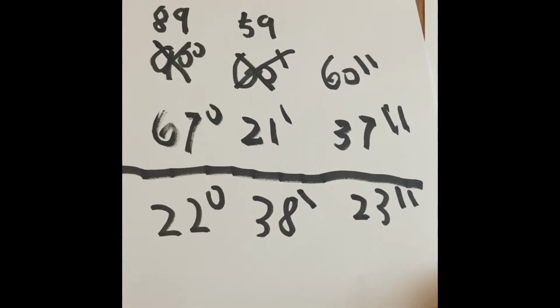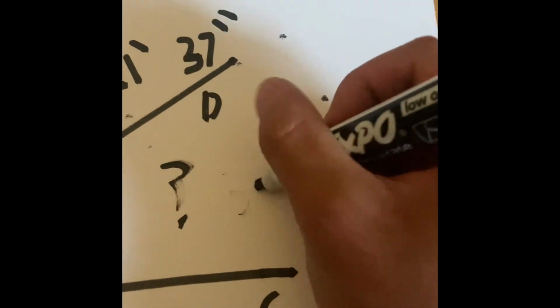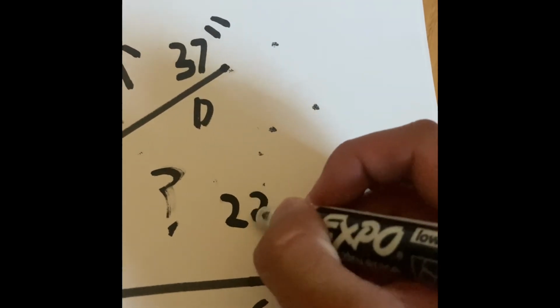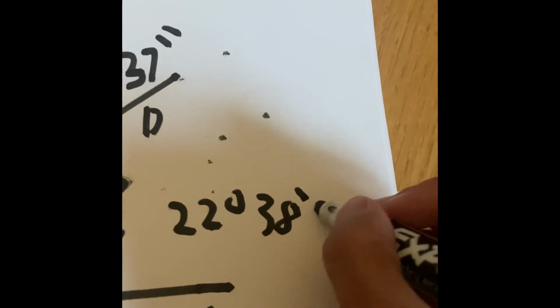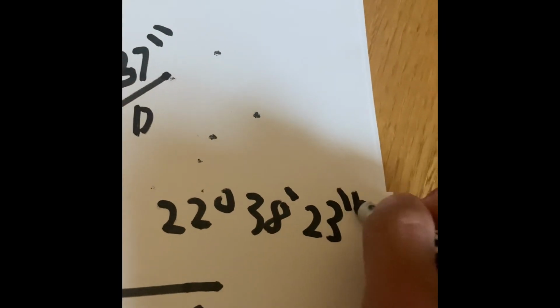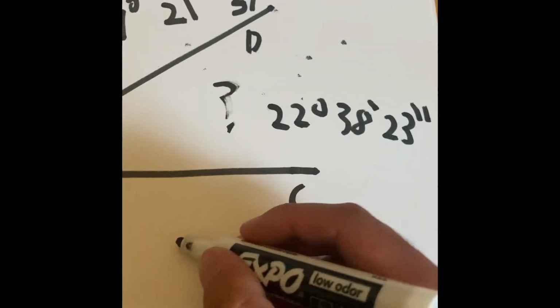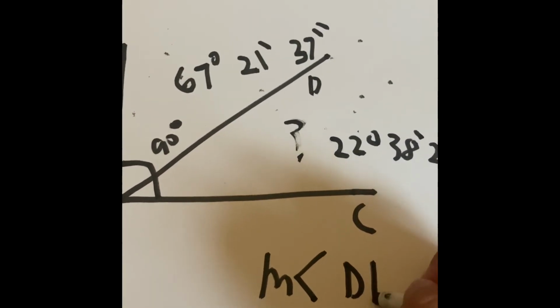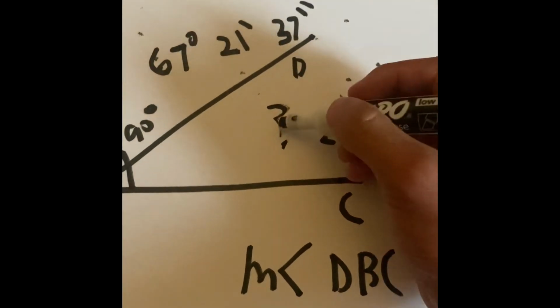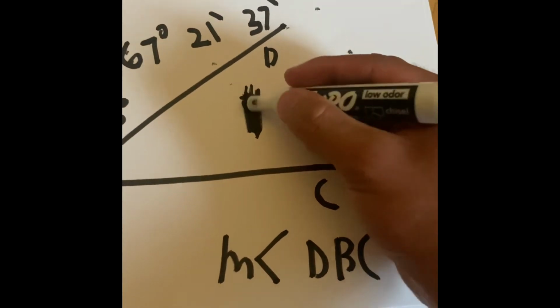We got this as a measurement right here: 22 degrees, 38 minutes, and 23 seconds. That is our measurement for angle DBC. So now we figured out what that question mark was.